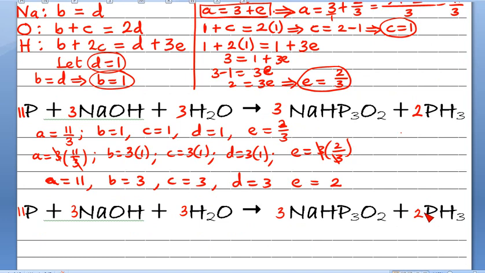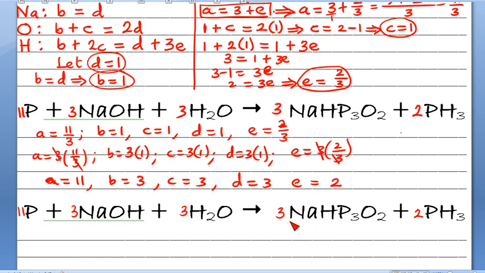Let us start with phosphorus. There are 11 atoms of phosphorus on the reactant side. On the product side, we have 3 times 3 for phosphorus, that's 9, plus we have 2 here, 9 plus 2, 11. So, it's balanced for phosphorus. What about Na? There are 3 atoms of sodium here, and there are 3 atoms of sodium here. Balanced for sodium also. What about oxygen? 3 atoms of oxygen here, 3 atoms of oxygen here, added together gives you 6 atoms of oxygen.